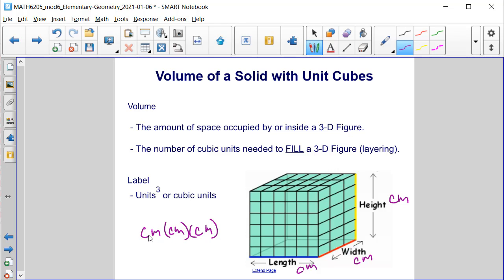And when you multiply centimeters times itself 3 times, that's centimeters cubed, or cubic centimeters. And it holds true for any solid that you are finding the volume of. You will always have that unit of measurement be to the third power, or cubic units, in the end.